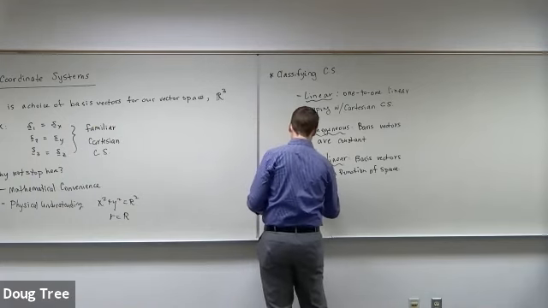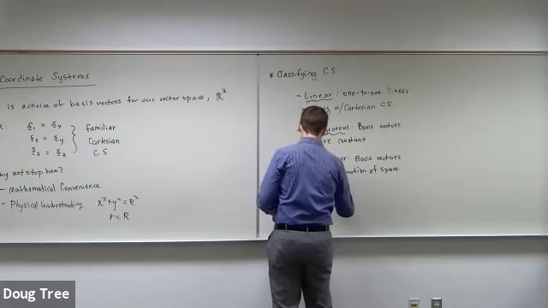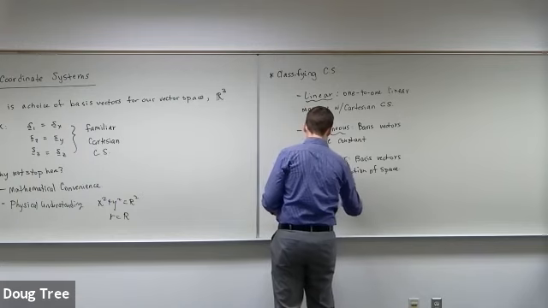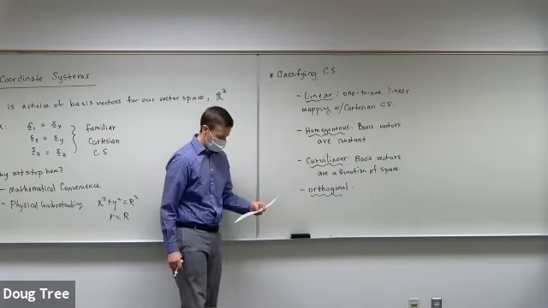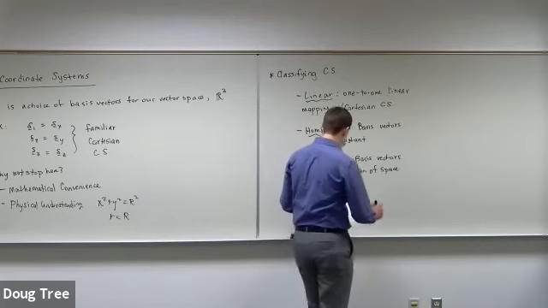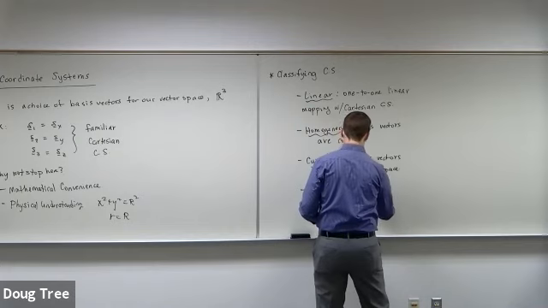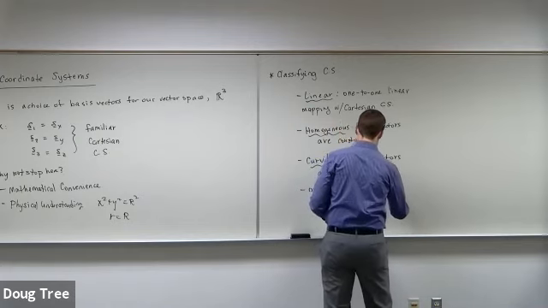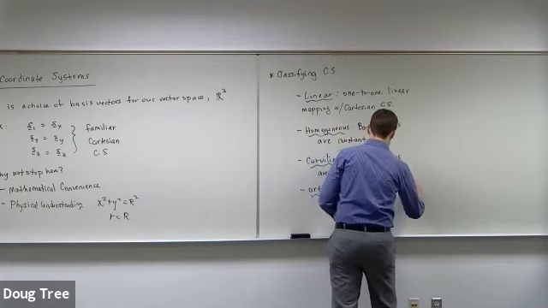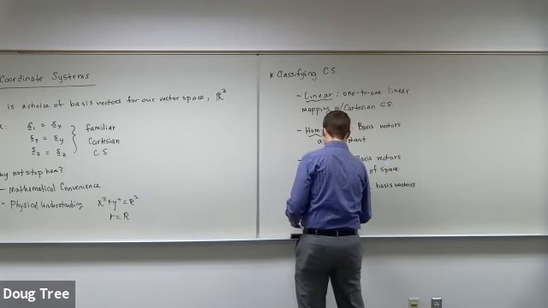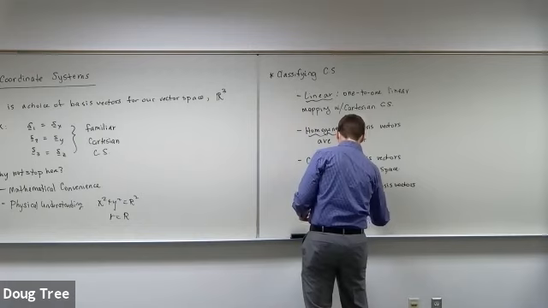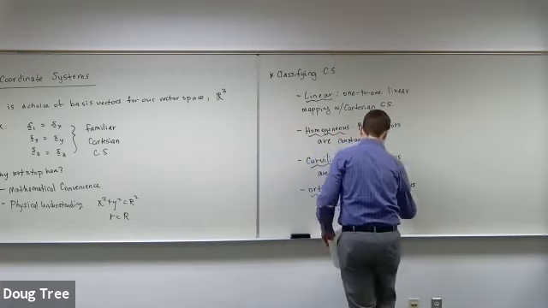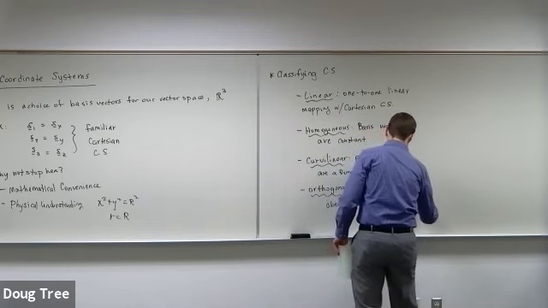Another property is orthogonal. In an orthogonal case, the basis vectors obey delta i dot delta j equals 0 when i is not equal to j.